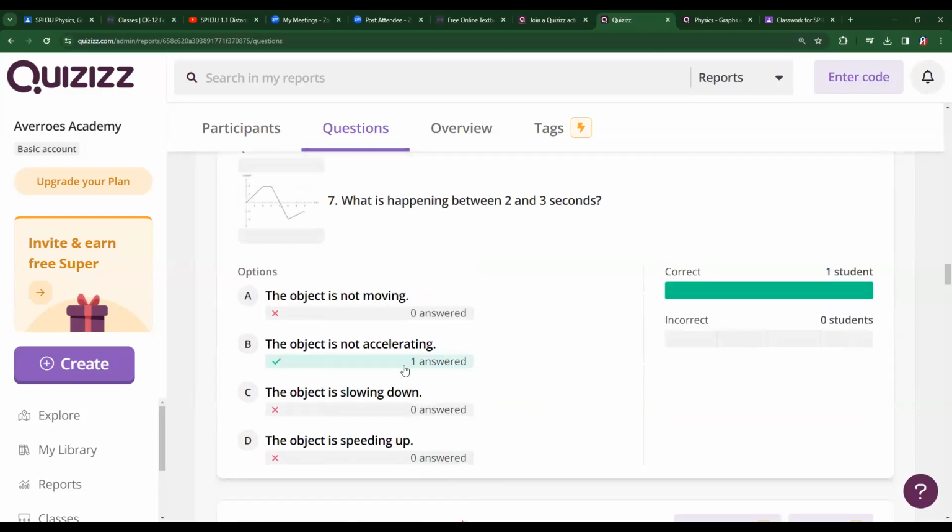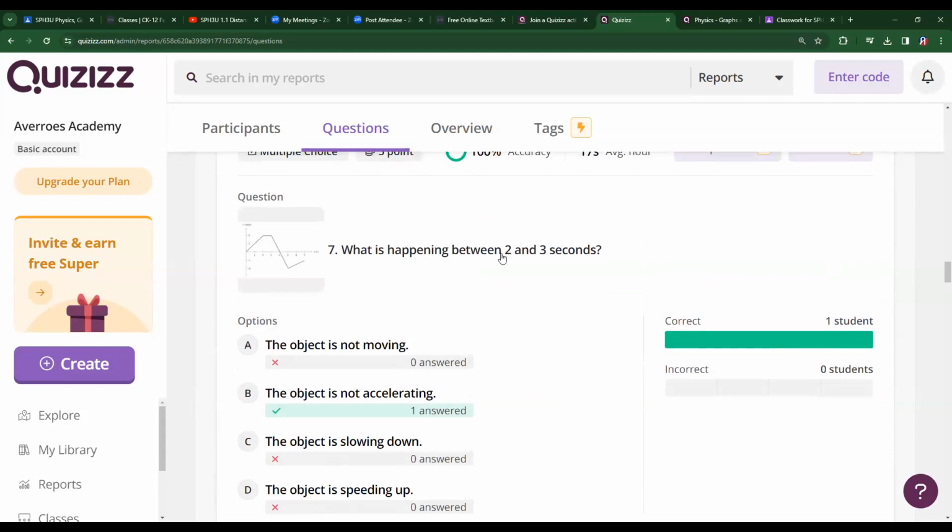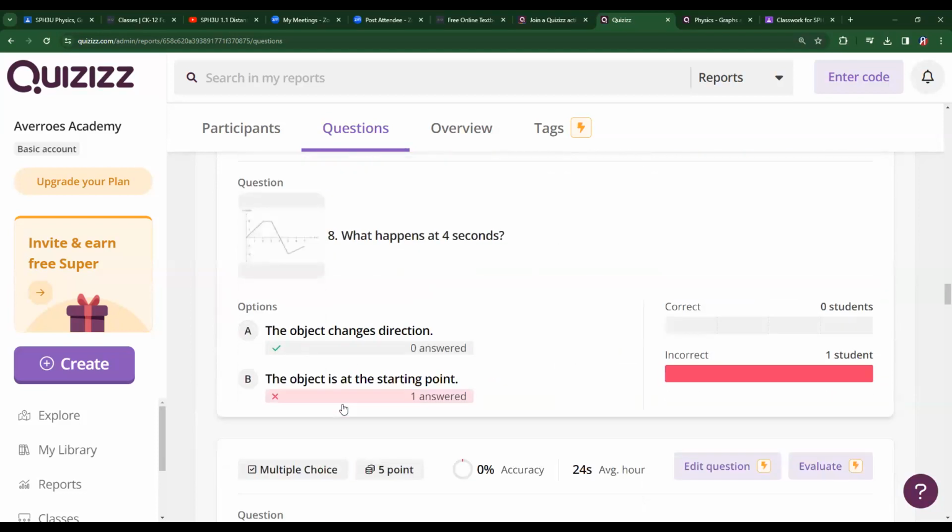Okay, you answered correct. What happened between 2 and 3? Horizontal line. So velocity is the same. Object is not accelerating. What happens at 4 seconds? At 4 seconds, object changes direction. It was moving away from initial position and then coming towards initial position. Okay, direction changed. It's like negative slope and positive slope.